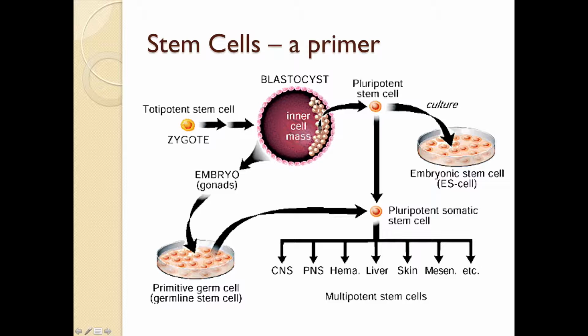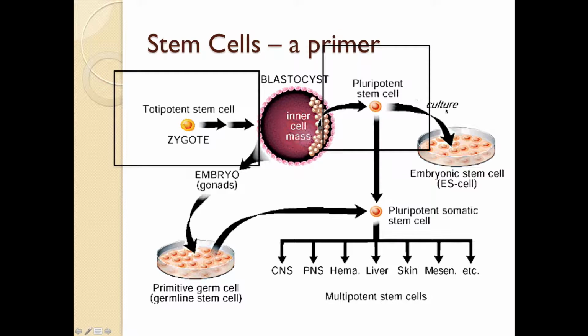So these cells of the inner cell mass have the ability to differentiate into any tissue in the body, but not any tissue in pregnancy. They're going to be the things that make up the tissues in the body. So really the only difference here, a totipotent stem cell can become any cell in the body, including pregnancy-derived cells, whereas the next level, we call it a pluripotent stem cell.